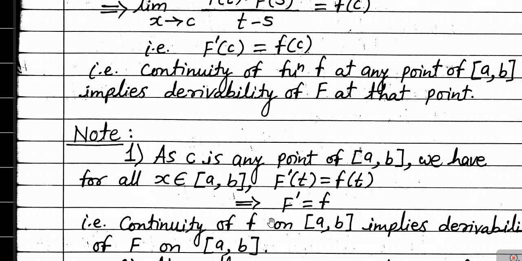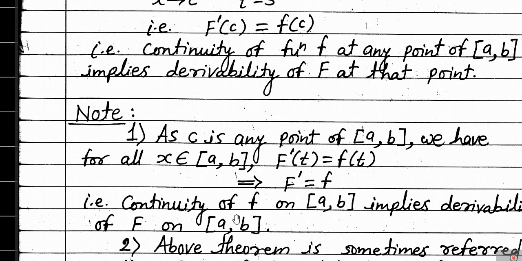Next are two notes based on this theorem. Number one, as c is any point of the closed interval a to b, we have for all x belonging to the closed interval a to b, capital F dash of t is equal to small f of t, which implies that capital F dash is equal to small f.